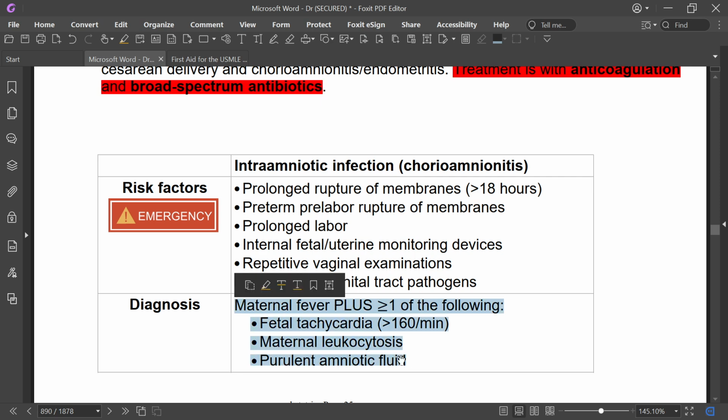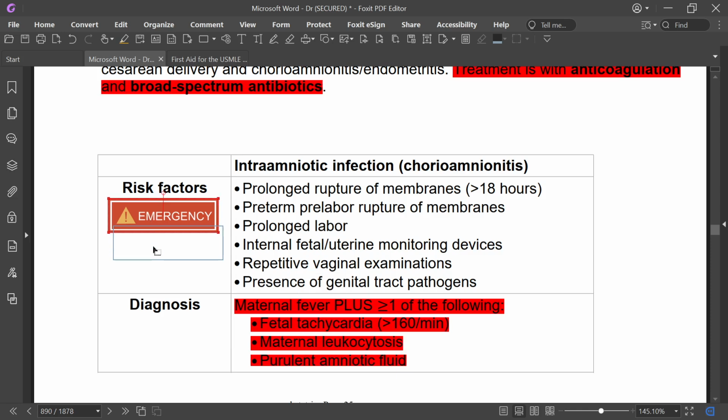These diagnostic criteria are very high yield.